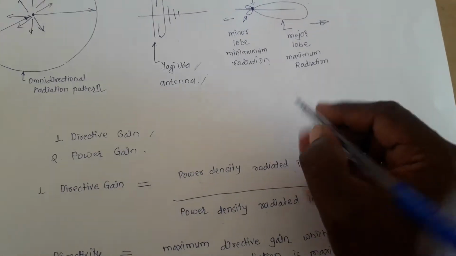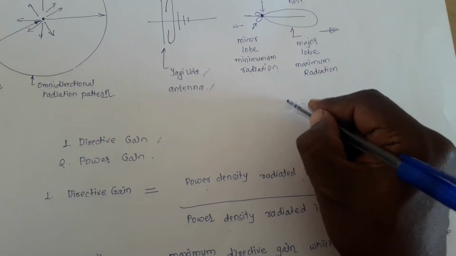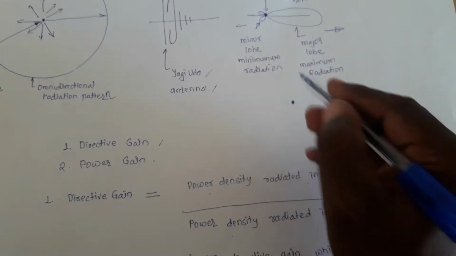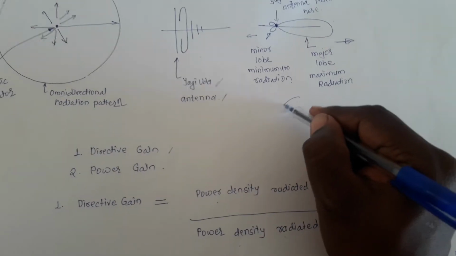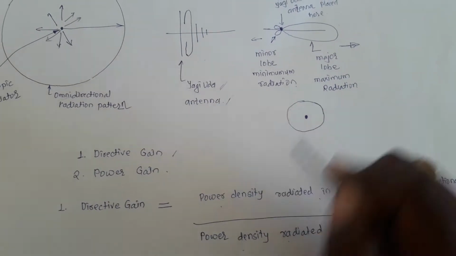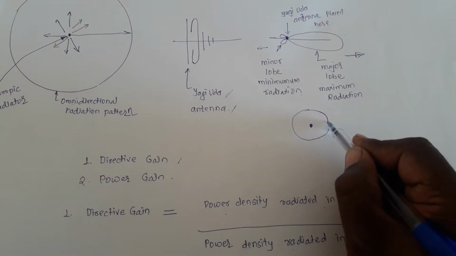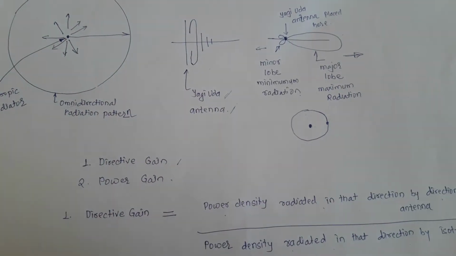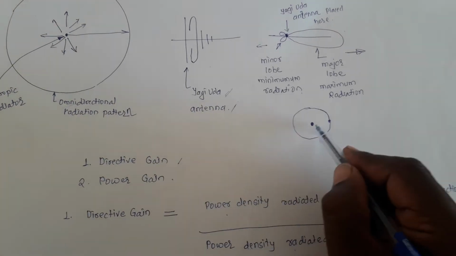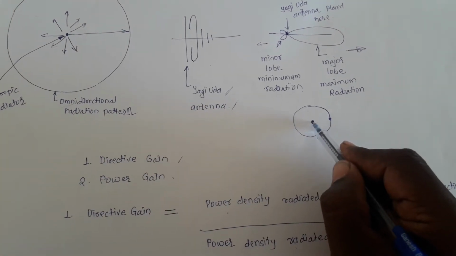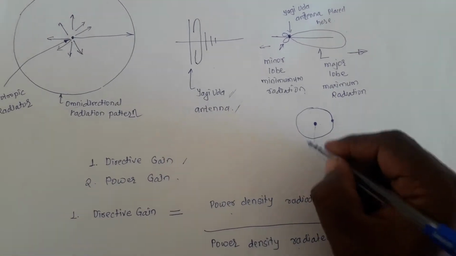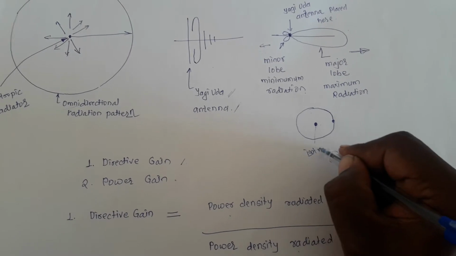Suppose this is your isotropic antenna, radiating uniformly in all directions. Whatever power density is measured at this point is radiated by this isotropic antenna.